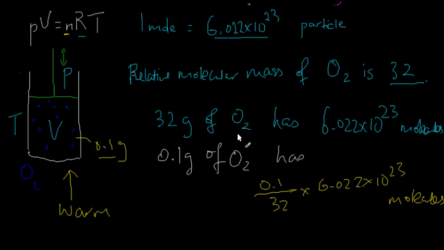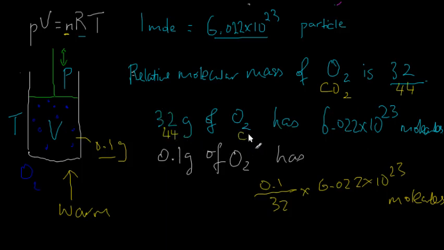So what if I have another gas? If I have N2, for example, or maybe CO2, let's say I have CO2, the relative molecular mass is 44, then instead of 32, I would need to change this to 44.